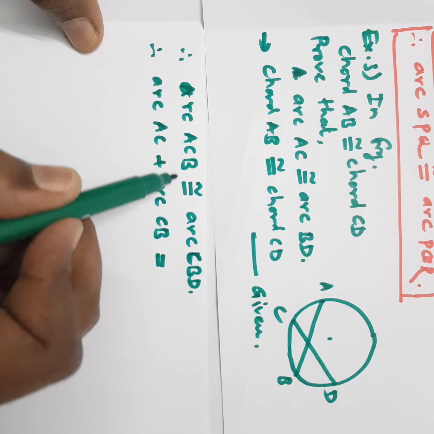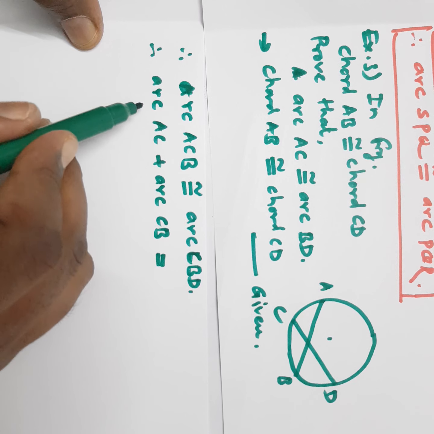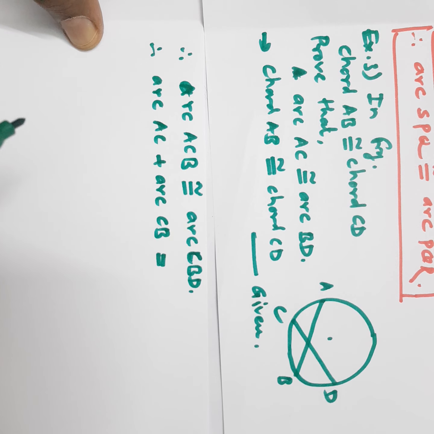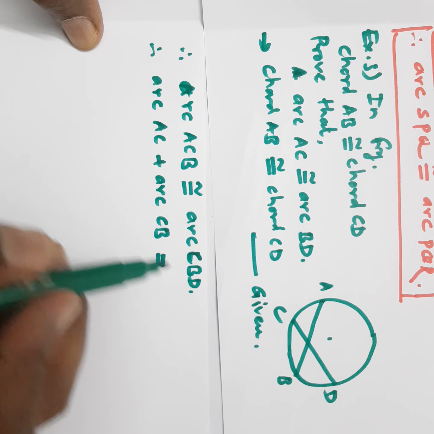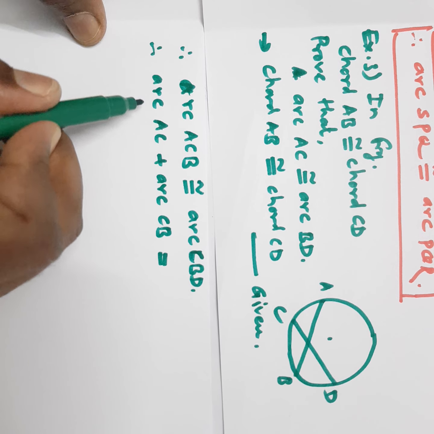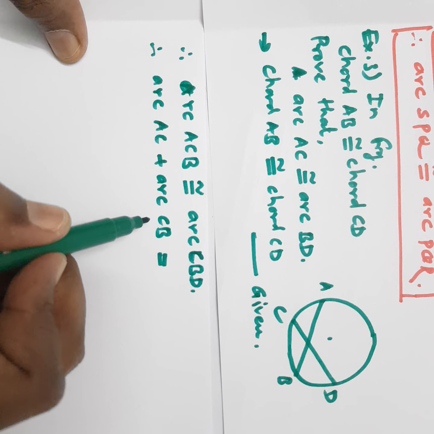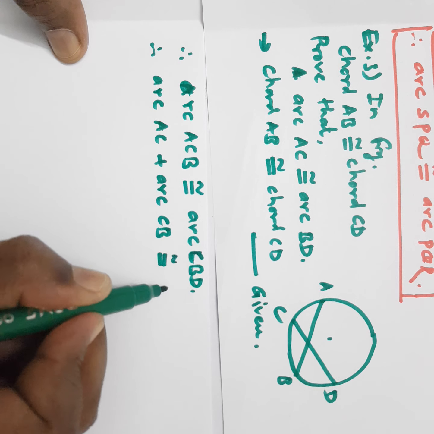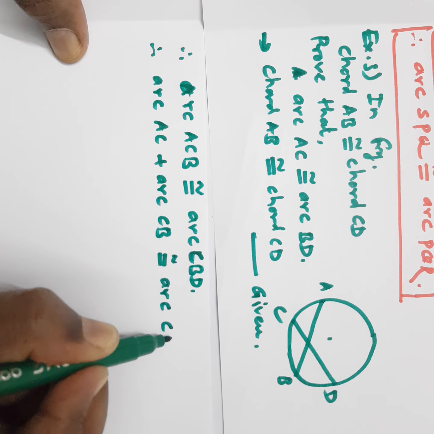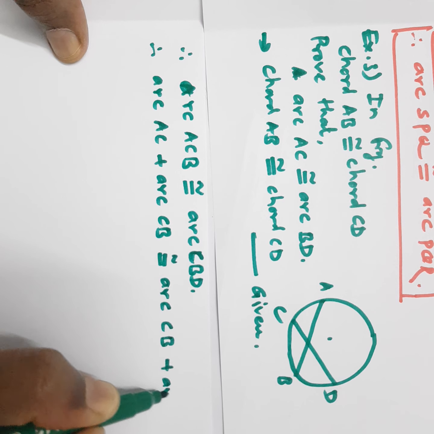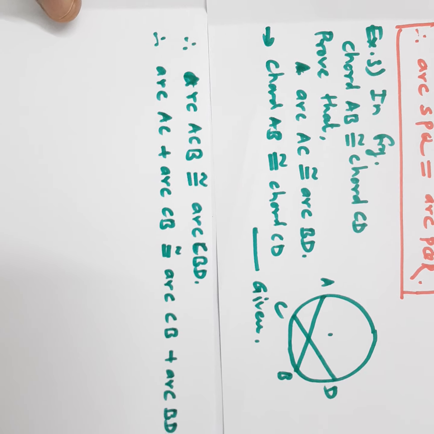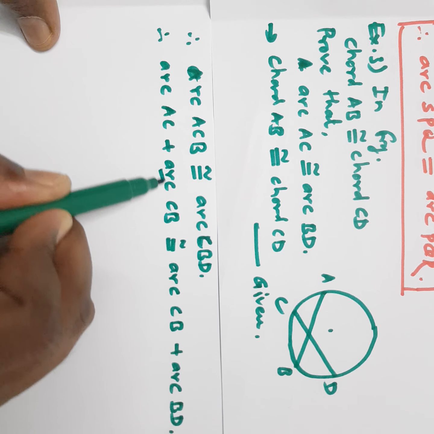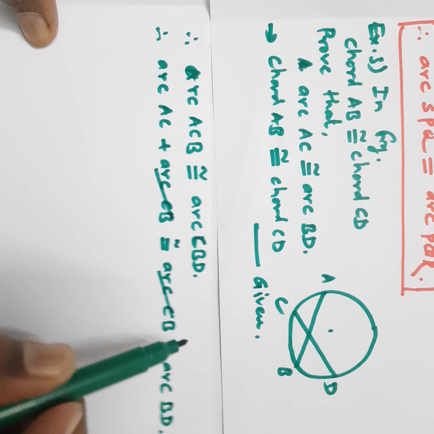We can also write the measure of arc ACB is equal to the measure of arc CBD. Therefore arc AC plus arc CB is congruent to arc CB plus arc BD. Here arc CB is common in the figure also.